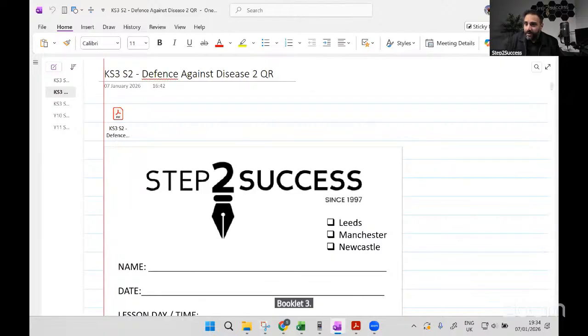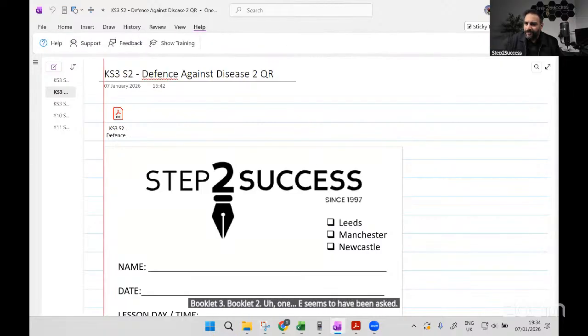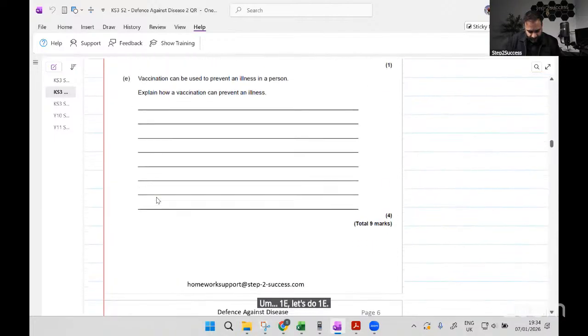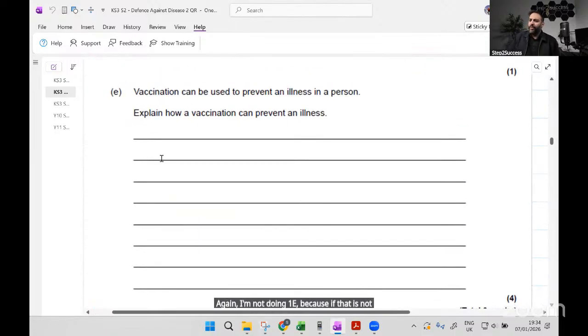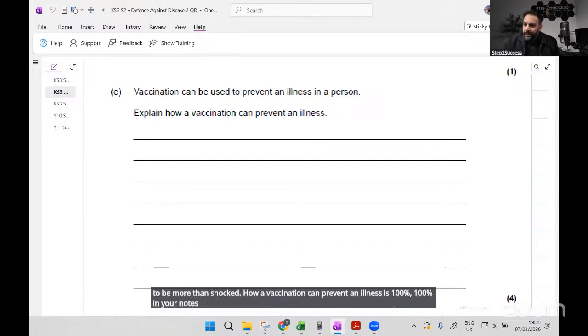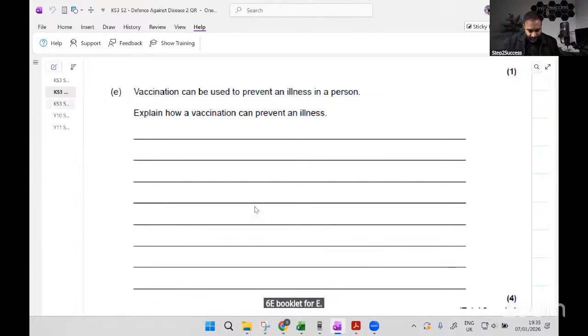Booklet 2. 1E seems to have been asked. Let's do 1E. Again, I'm not doing 1E because if that is not in your notes, then I'm going to be more than shocked. How a vaccination can prevent an illness is 100% in your notes. Use your notes. 6C, booklet 3.